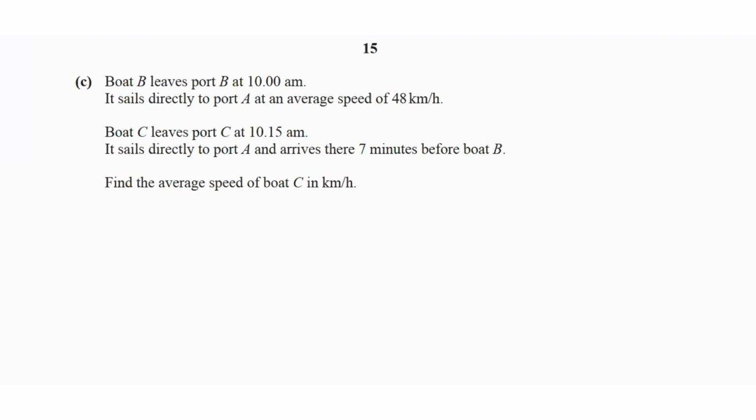So first, we find the time for port B, like how much time it takes for it. For port B, that's going to be distance, which was 176, divided by the speed, that's 48.